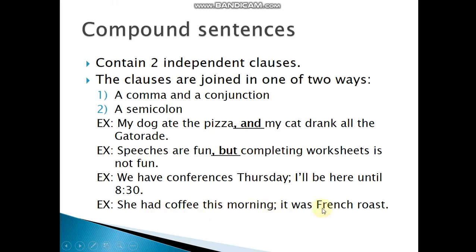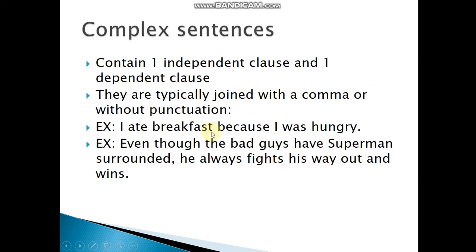This kind of sentence is what we call a compound sentence. Remember, kids, a compound sentence contains 2 independent clauses, and the clauses are joined in one of 2 ways: a comma and a conjunction, or a semicolon.